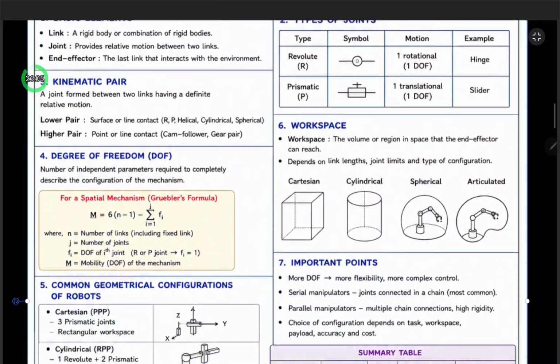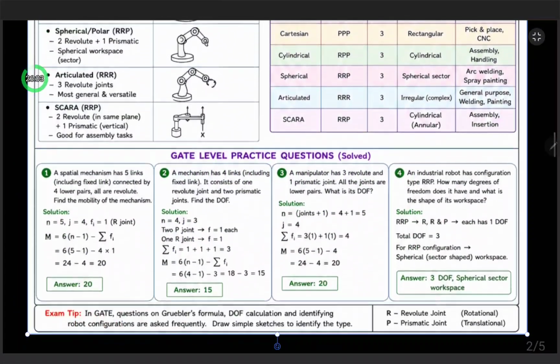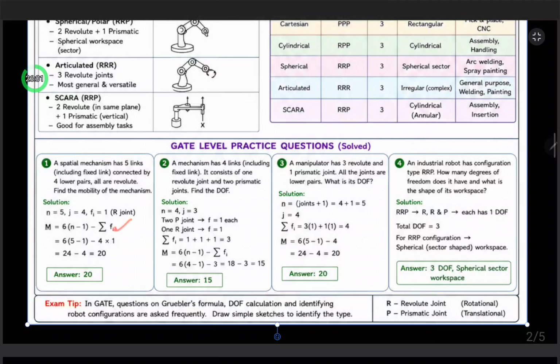So 4 times we need to add this f_i. So 6 into (5 minus 1) minus 4 into f_i, meaning 4 times this, so it will be 20.